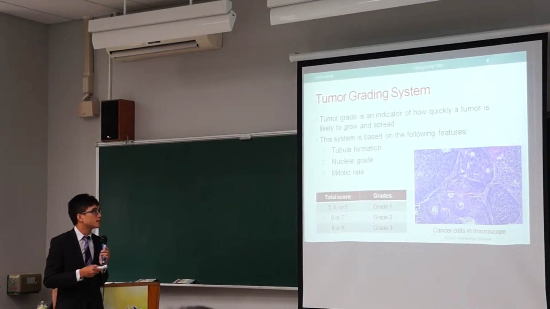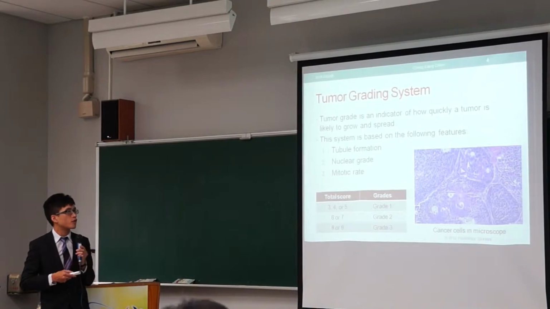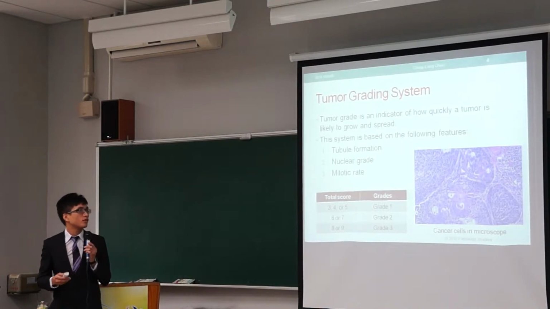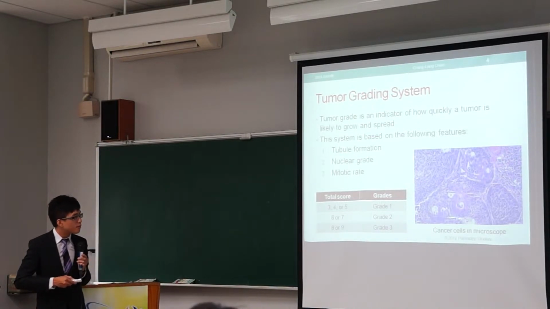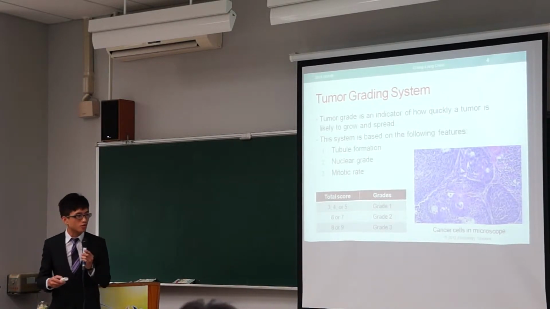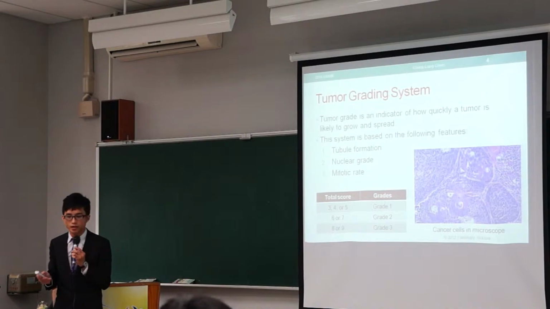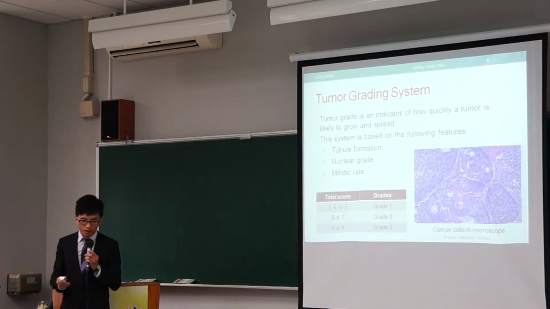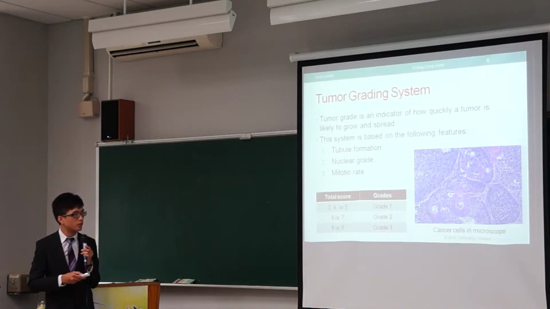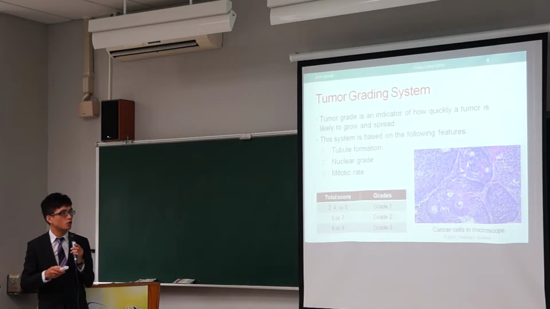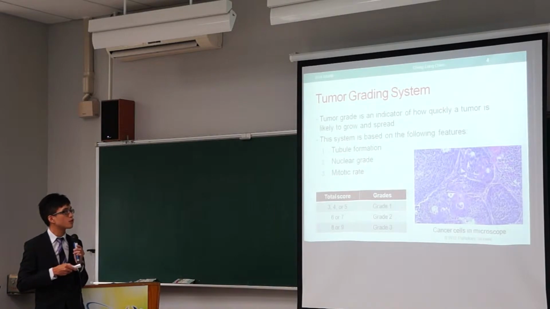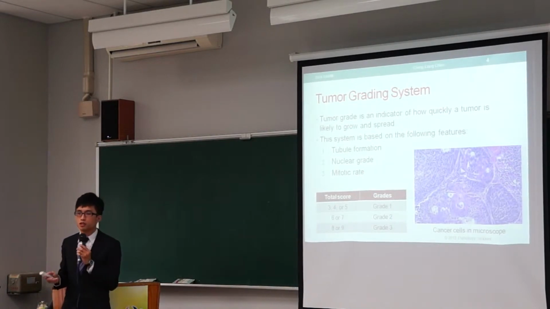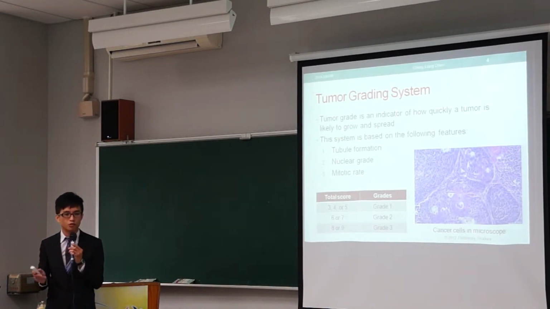This system is based on the following features: tubule formation, nuclear grade, and metastatic grade. The right picture shows the appearance of cancer cells in a microscope. A pathologist will check the appearance to evaluate the score in each feature. Each feature is scored from 1 to 3.